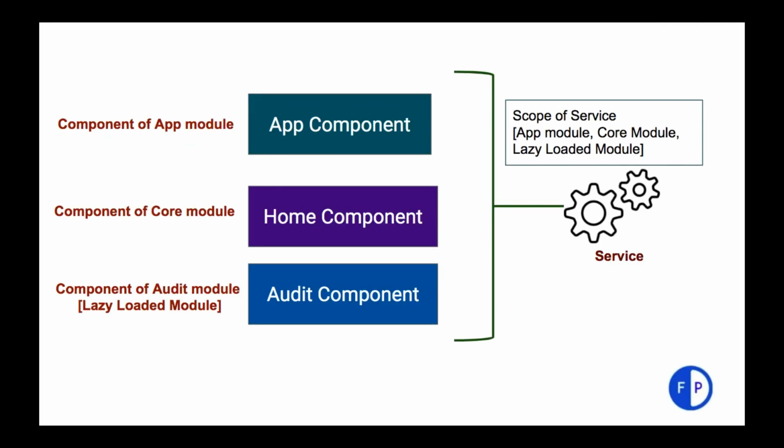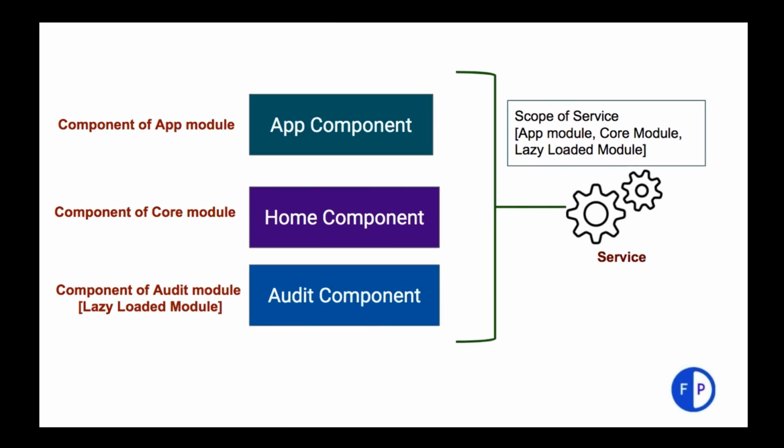It means that scope is actually extended to app module, core module, and lazy loaded module as well. So here we have app component, home component, audit component, and they are from different modules, and all of them can use simple service. So if we provide the service either on core module or app module, automatically it will be available for the lazy loaded modules as well.